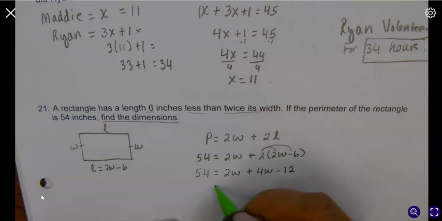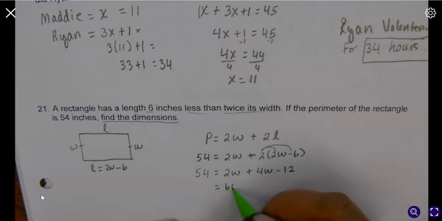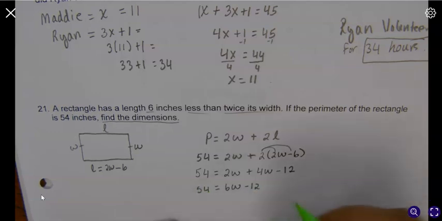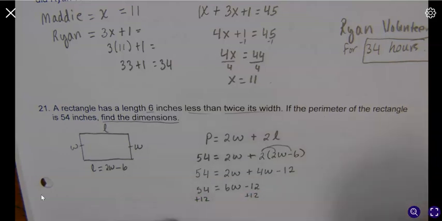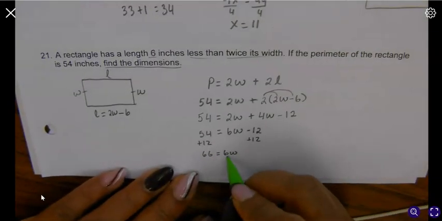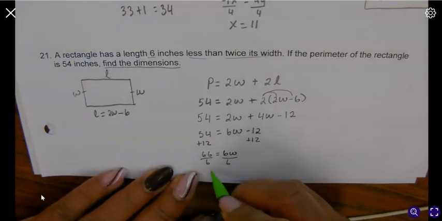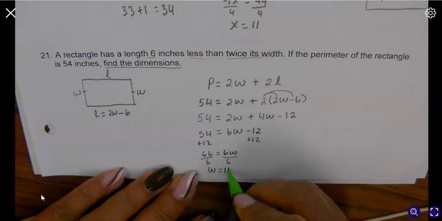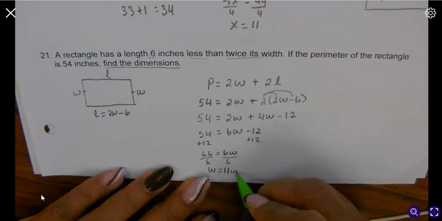So 2 plus 4 is 6w, and then keep solving. 54 plus 12 is 66, equals 6w, and then divide by 6, you have w equals 11 inches.